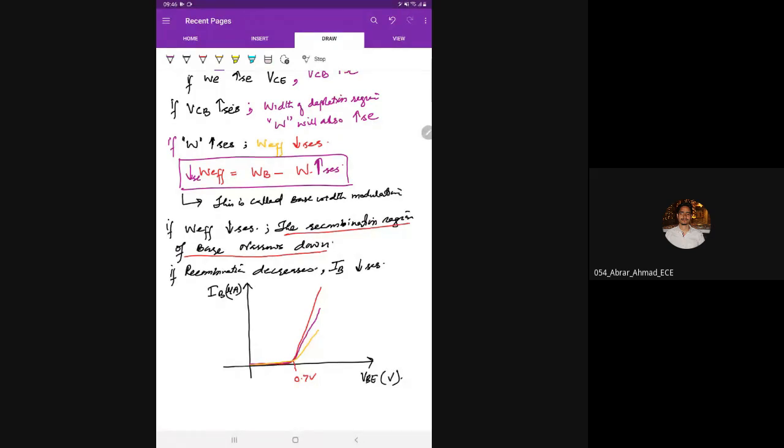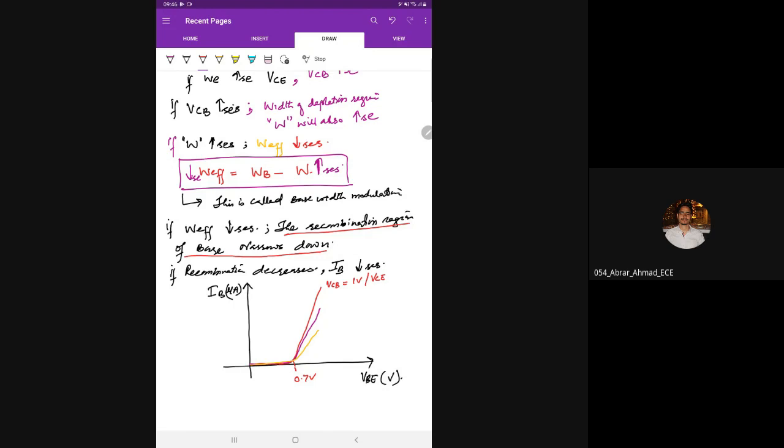So this will be for VCB, for example, equal to 1 volts. Okay. Or we can say VCE, whatever is the case.